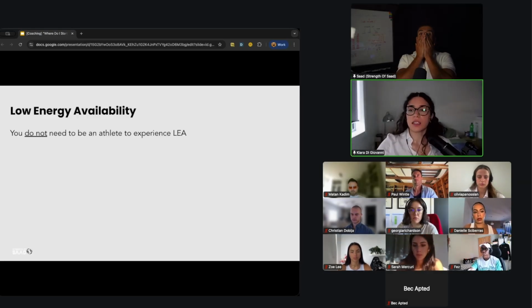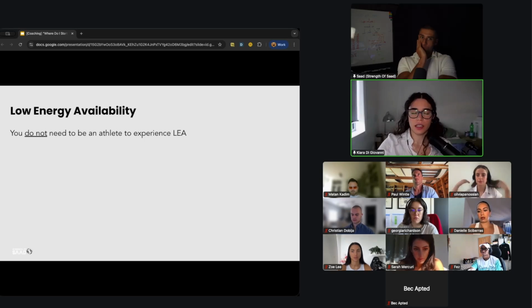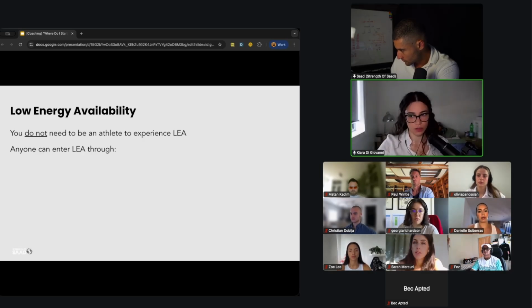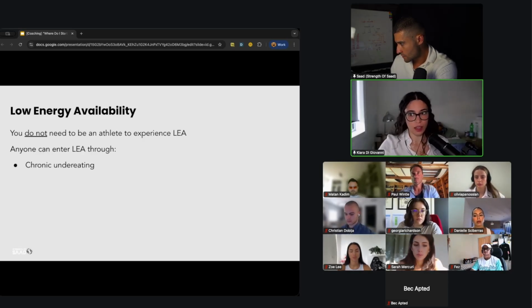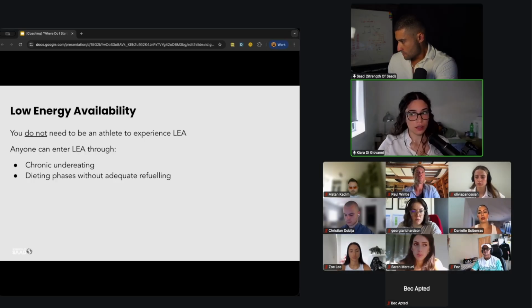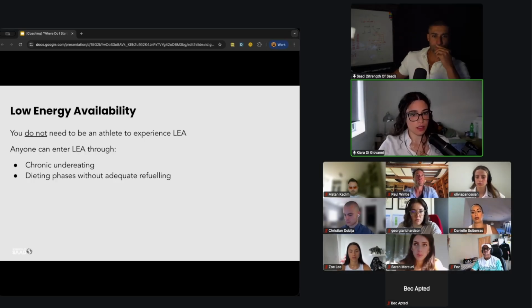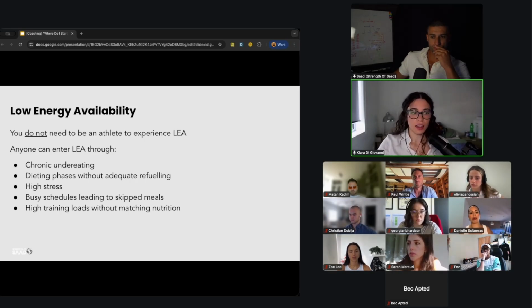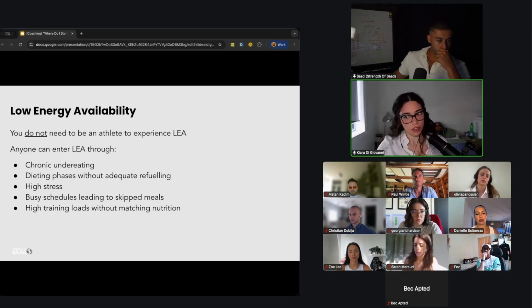Right. And something else that I want to really hone in on is that you don't need to be an athlete to experience low energy availability. Anyone can be in an LEA state through chronic undereating, dieting phases without reversing out and refueling, high stress, busy schedules where you're just like, oh, I forgot to eat, and high training loads without matching nutrition.